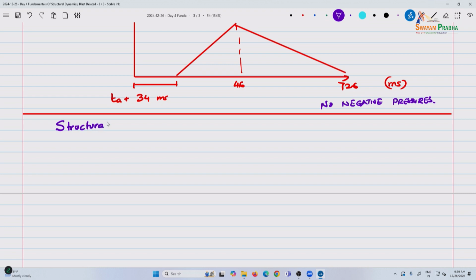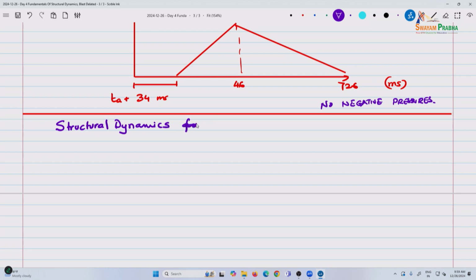You can do structural dynamics as a mathematical course, get intense into integrations, types and all that. And if you actually do a course in structural dynamics, you hardly do anything or very little in applications. You might just give one example and not really focus on the impact of structural dynamics in that application.